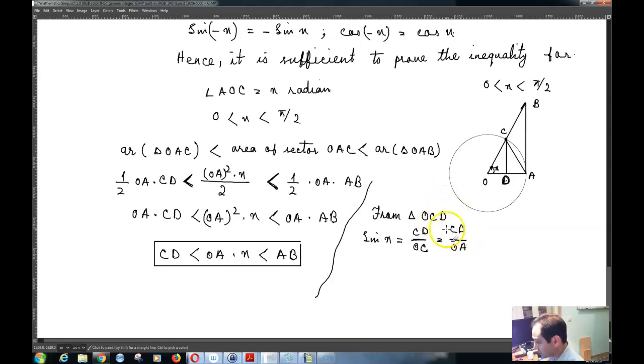And hence you can write CD is equal to OA times sine X. So that is again one thing. And again, tan of the angle X is equal to the opposite side by the adjacent side.